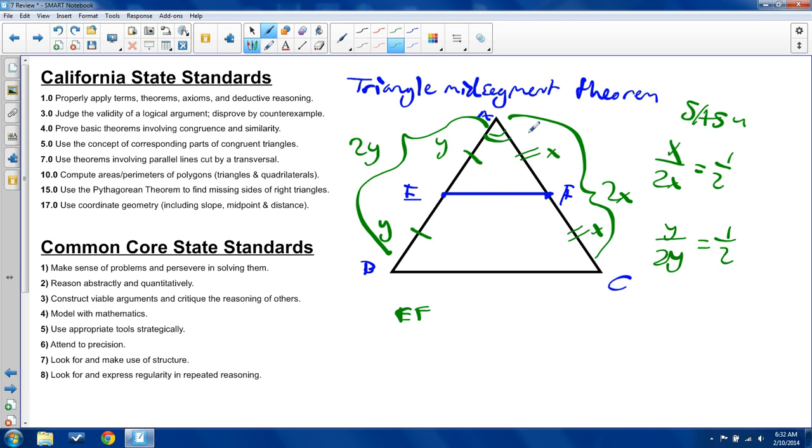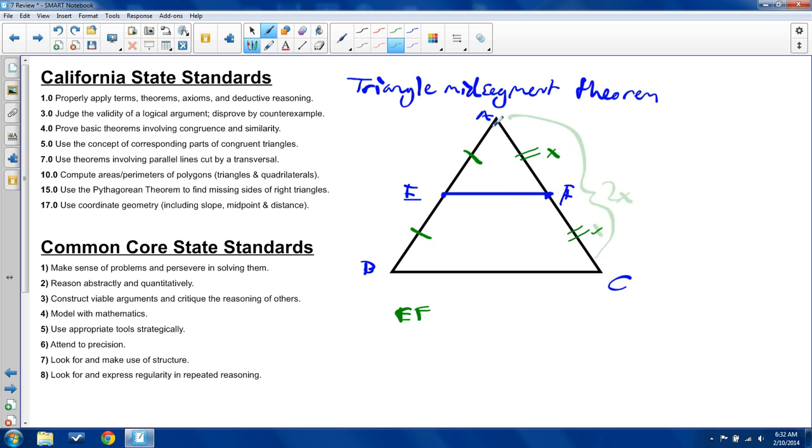So if they are similar, keep this in mind because I think you know something about similarity. If the triangles are similar, then I have all corresponding angles congruent. So now I know that E and B are congruent, and F and C are congruent. So now I have corresponding angles here and here, which means these lines are parallel.